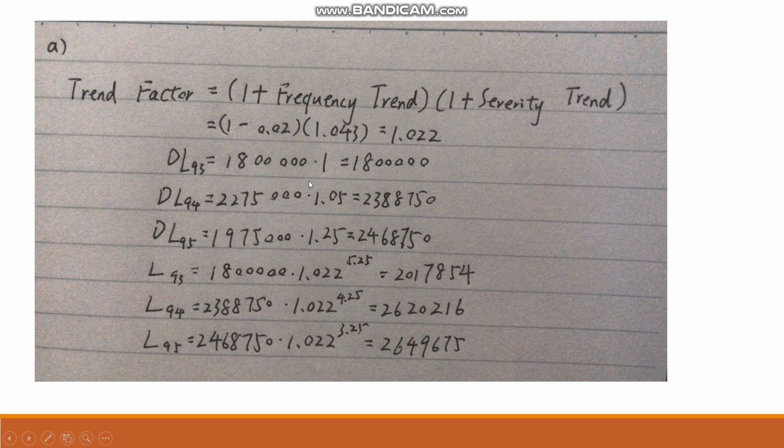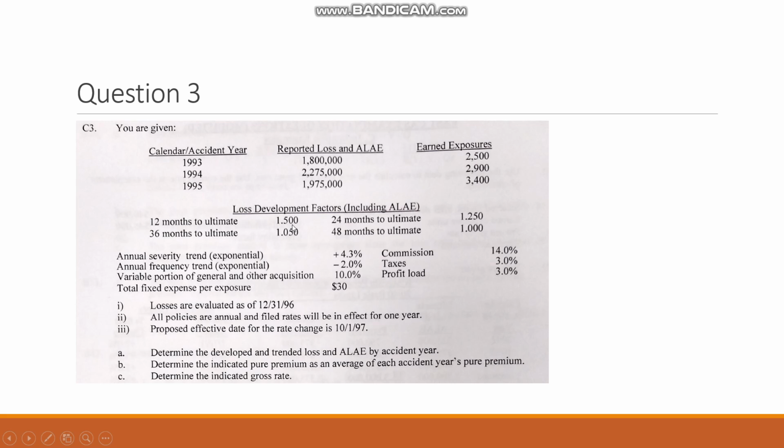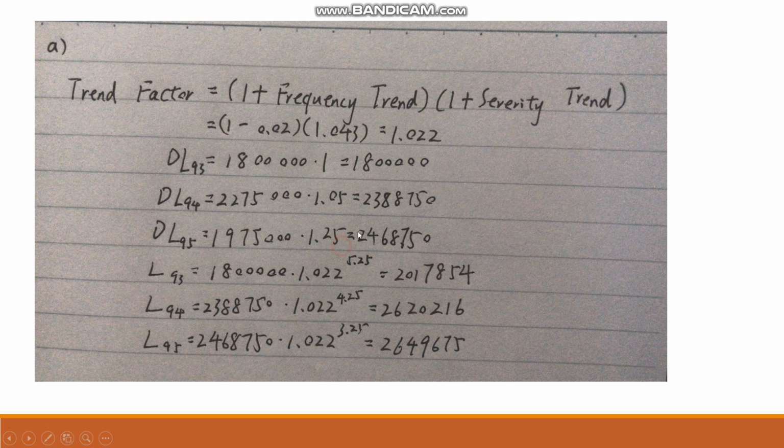And first we calculate the DL of each year by the loss of each year times the rate changes. So for 1994, I can see the rate change is 0.05.